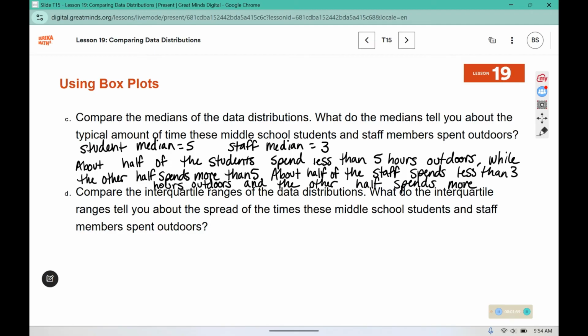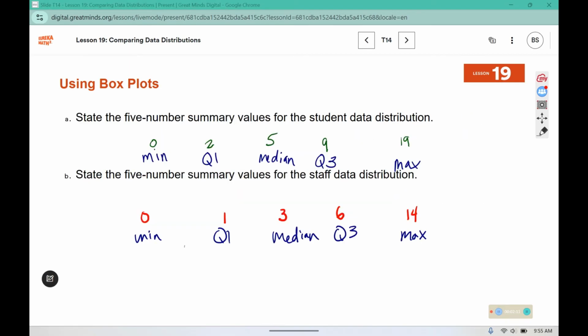D. Compare the interquartile ranges of the data distribution. What do the interquartile ranges tell you about the spread of the times these middle school students and staff members spent outdoors? To find the interquartile range, also known as IQR, we take Q3 and subtract Q1.